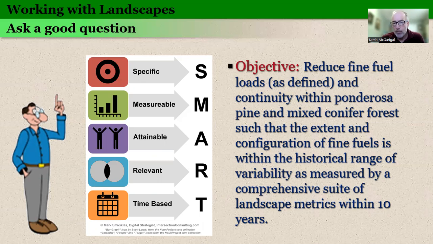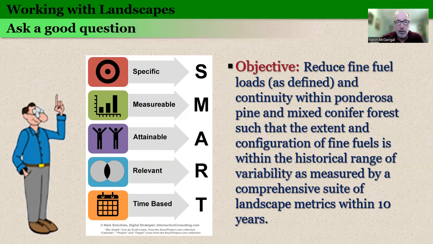Again, there are a number of components of this objective that would need to be elaborated on further in the next step of the process, but we have a rather detailed statement here of what we are trying to achieve with regards to the pattern and process problem.